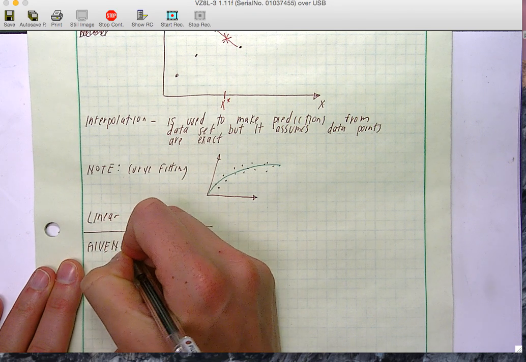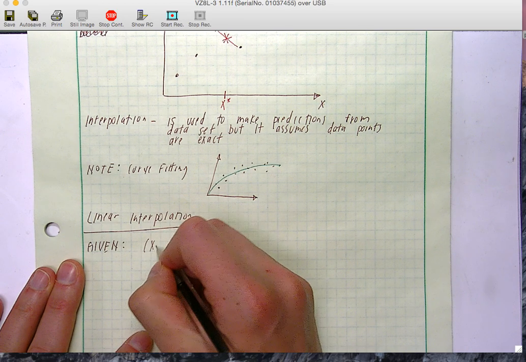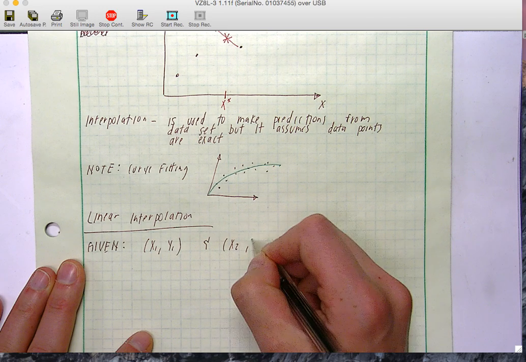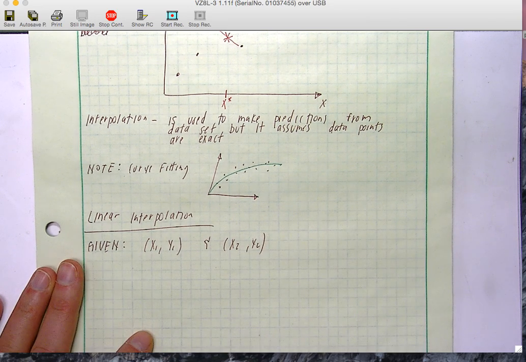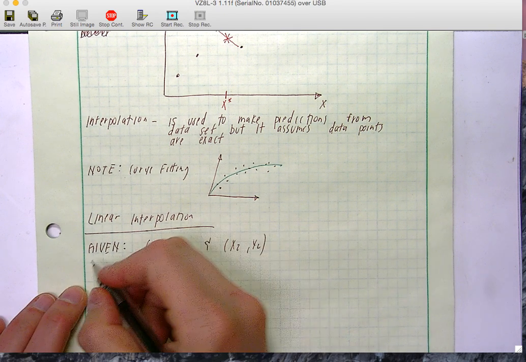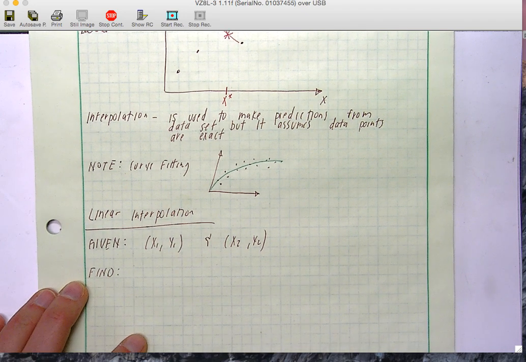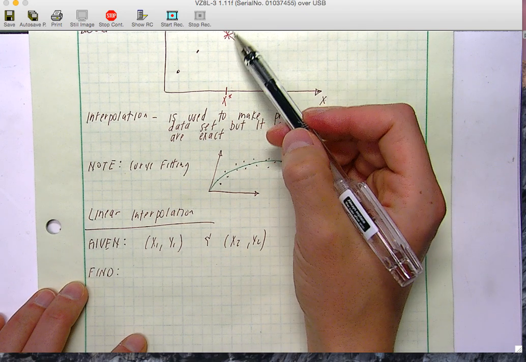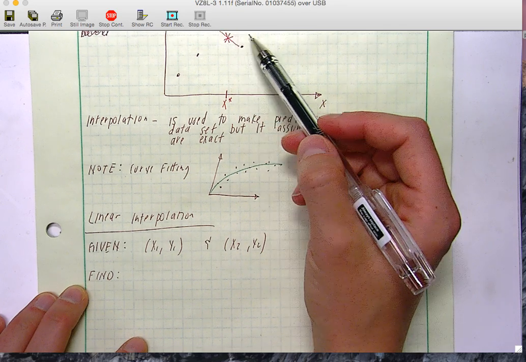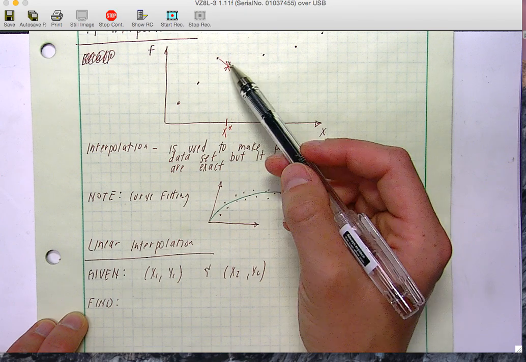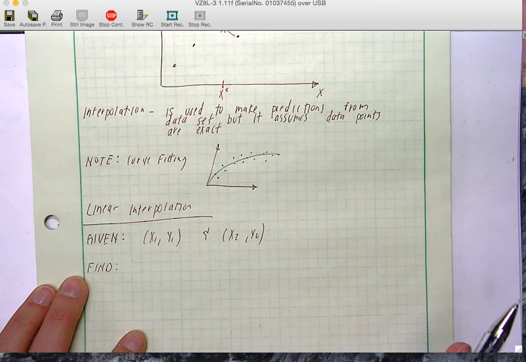So linear interpolation requires 2 points, right? So you need to find the 2 nearest points, the points that bracket the point that you're looking for, in order to start linear interpolation. And I'm going to talk about that when we talk about the actual algorithm. For now, I just want you to know, given that you have these 2 points, what formula do you use to get the point in between?